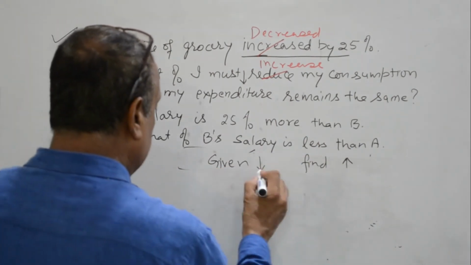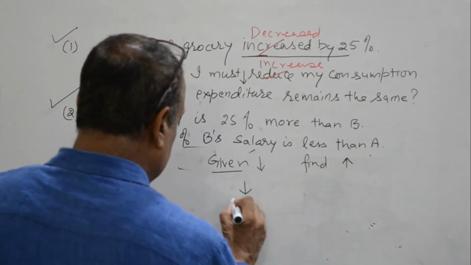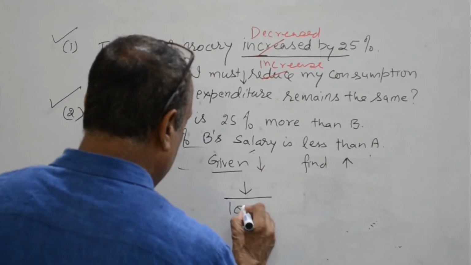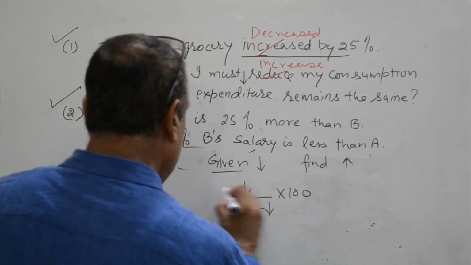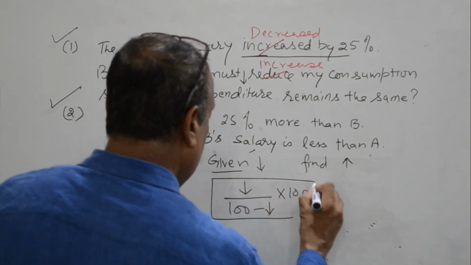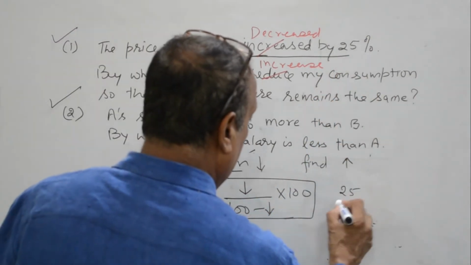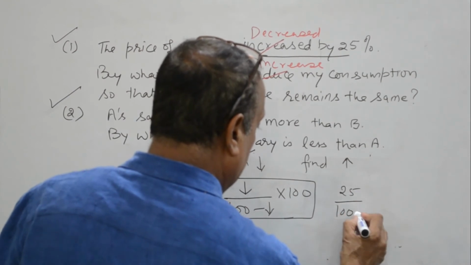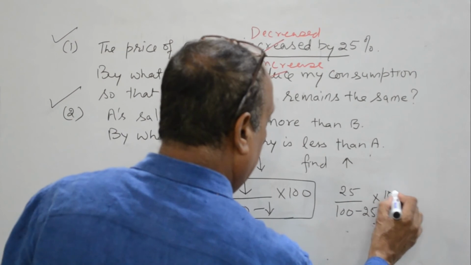So when we are given the decrease, the answer will be decrease over 100 minus decrease, multiplied by 100. So the decrease is now 25, divided by 100 minus 25, into 100.